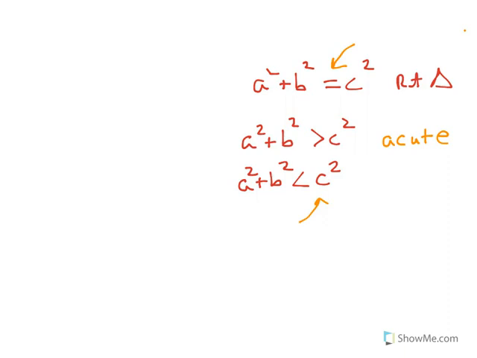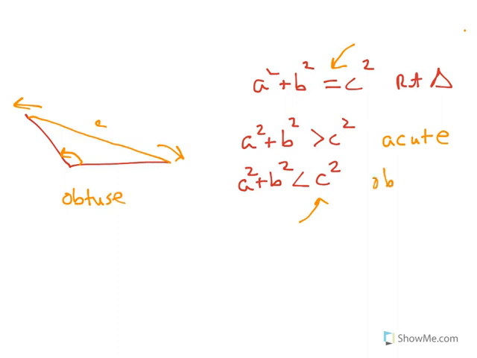If you have too much c value, then you're not going to have a right angle. You're going to need to have stretched out this c value. It's kind of like a hinge. So this is going to be too big. It's not going to be a right angle. It's going to be an obtuse angle. So this will work out to be obtuse.